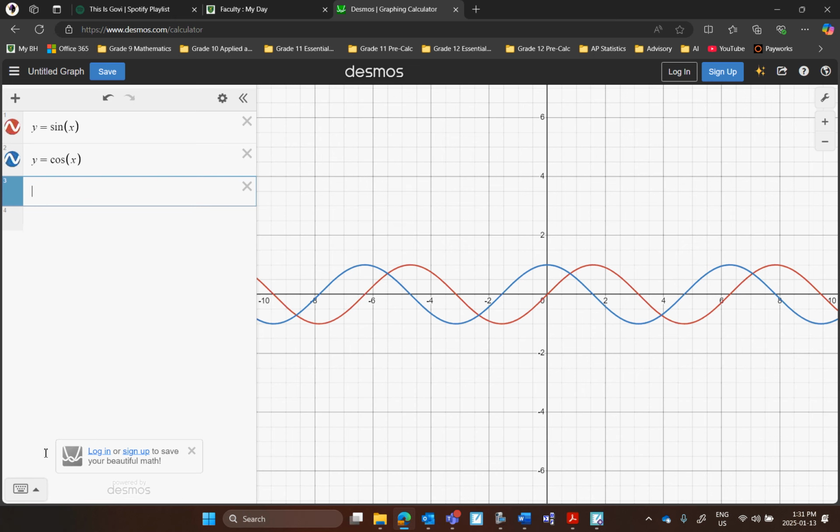Starts here, curves up to a maximum, comes back down, crosses the x-axis, curves down to a minimum, and then hits the x-axis again. And then notice it starts that same pattern all over again. Starts its same pattern going backwards too. Okay, so this is like one cycle of a sine pattern. And it's just made up of many cycles.